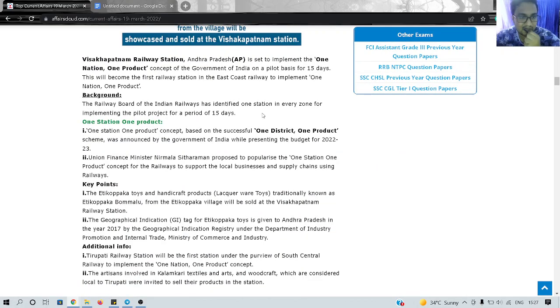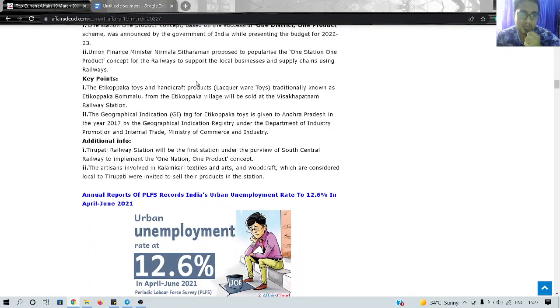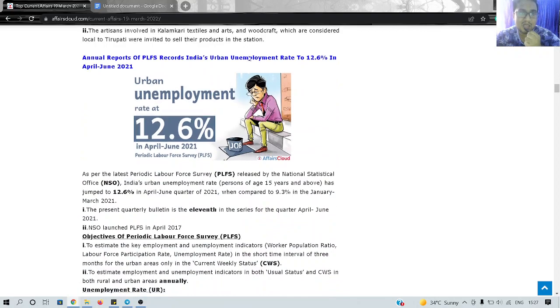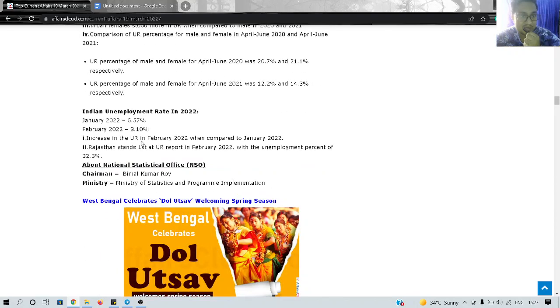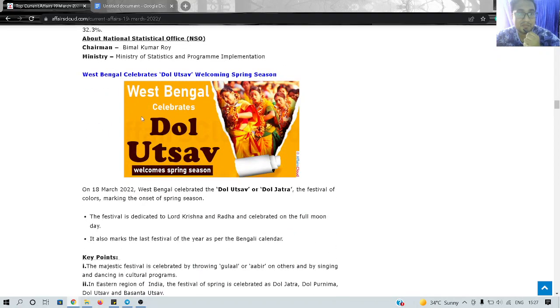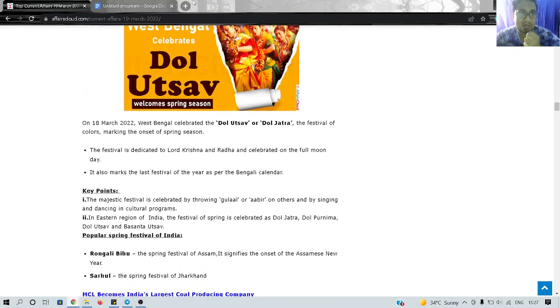We have to read, just read once, and note the very key important terms. And also PLFS, how much percentage? These percentage terms are very important. And also here, see, in 2022, these percentages are also very important. Festivals: West Bengal celebrates Dol Utsav, spring season.